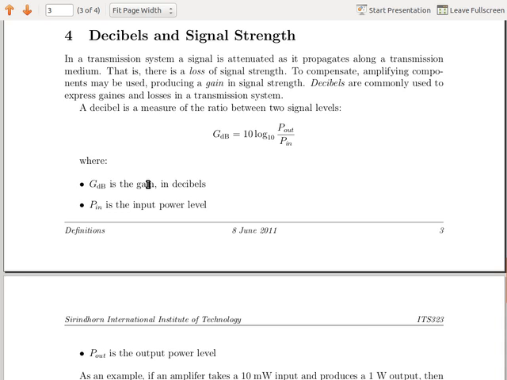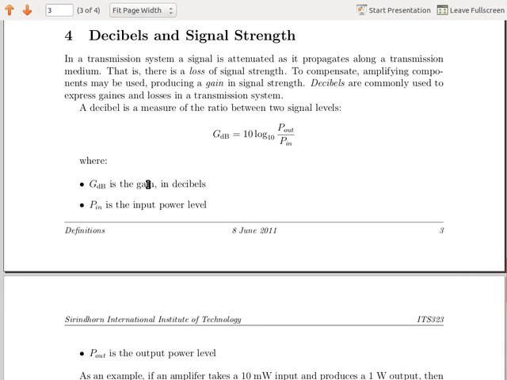Decibels are commonly used to express gains and losses. If we have an amplifier, we have some input power and it produces some output power. The increase, or the gain, is normally expressed in decibels.